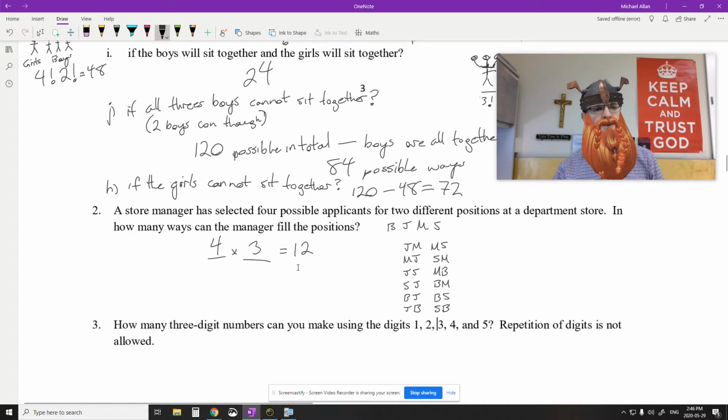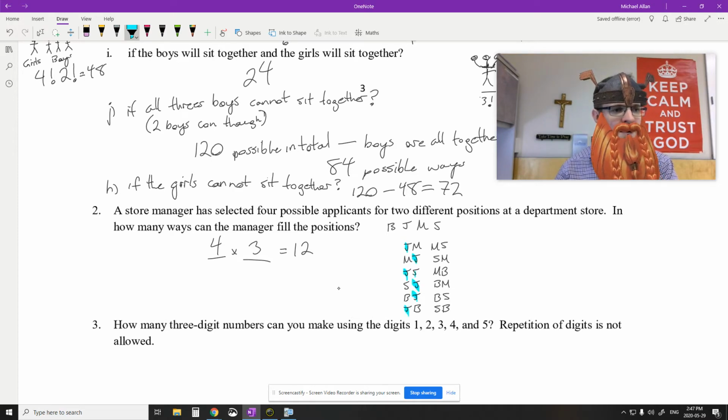There are no more other combinations I can do there. It seems like there's going to be more, but if you look at the pattern, John's in 6 of them, Susie is in 6 of them, Mary's in 6 of them, or whoever M was again, and then Bob was in 6.